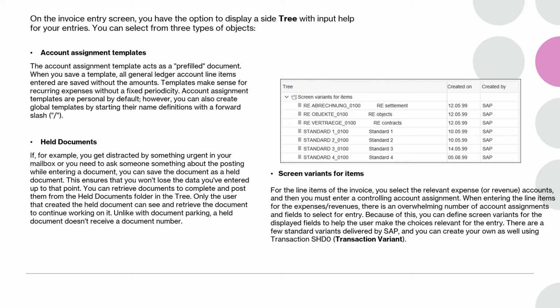This ensures that you won't lose the data you entered up to that point. You can retrieve documents to complete and post them from the held documents folder in the tree. Only the user that creates the held document can see and retrieve the document to continue working on it. Unlike a document part, a held document doesn't receive a document number.